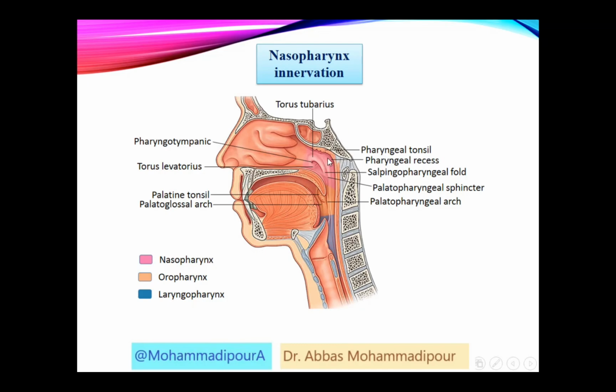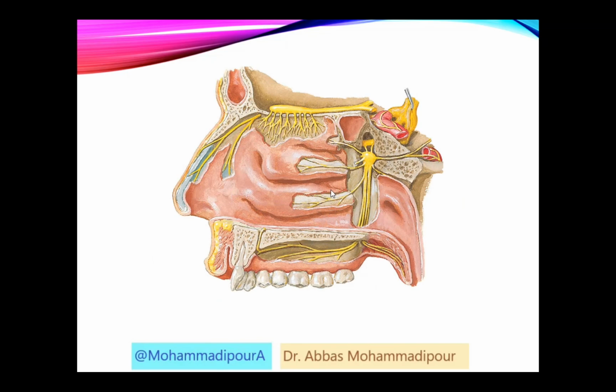The mucosal membrane of the nasopharynx is innervated by the maxillary nerve, and here is the nasopharynx, and as you see, it's supplied by the pharyngeal branch of the maxillary nerve.